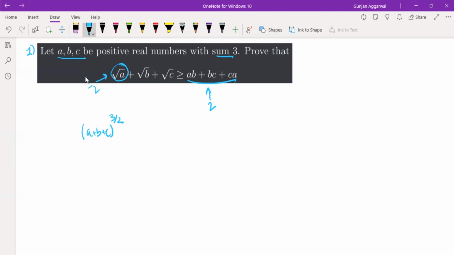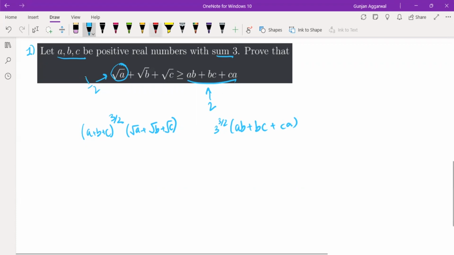And on the right hand side, we'll multiply by 3 to the power 3 by 2 because a plus b plus c is equal to that. Fractions are really the nicest thing. So you can just try to square it, if you really want to homogenize.